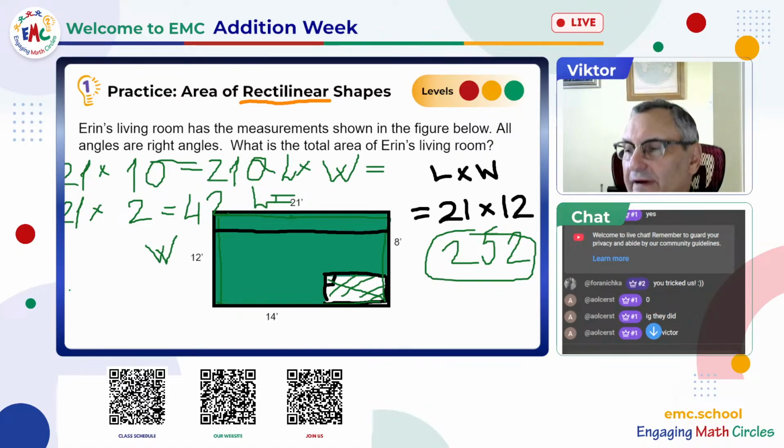Okay, now let's find the other small area which we have to subtract. Any suggestions how to do that? How can I find this area down here?